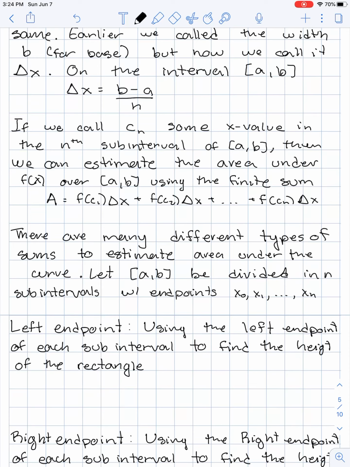We can estimate the area under f of x over the interval a to b by using the finite sum, where I add f of c1, the number in the first subinterval, times my delta x, my base, plus f of c2 in the second subinterval, times delta x again, and so on until I get to f of cn, my nth subinterval, times delta x.